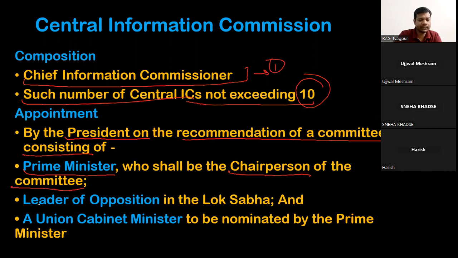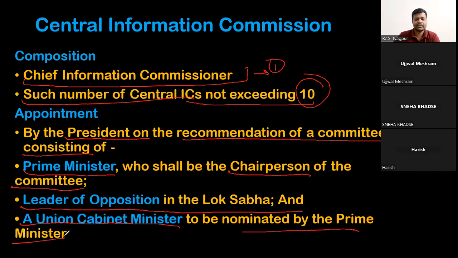Then the leader of opposition in Lok Sabha, this is one member, and another member, a Union Cabinet Minister to be nominated by the Prime Minister. This Union Cabinet Minister can be anybody, any minister nominated by the Prime Minister. So this is the committee.